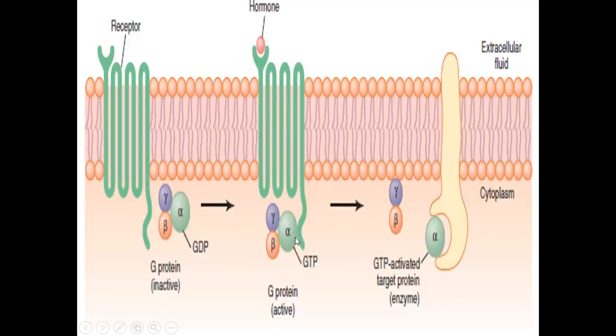Once that happens, the alpha subunit dissociates from the beta and gamma subunits, and in turn, the alpha subunit may act upon an enzyme or a target protein, which is the effector molecule or the second messenger.